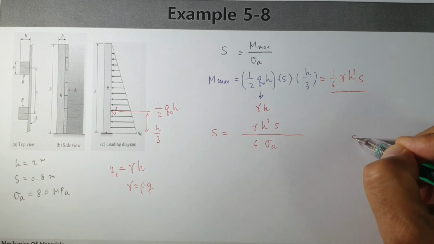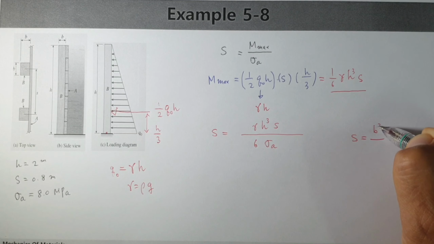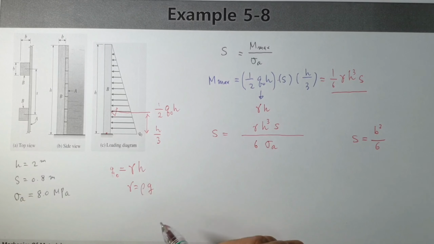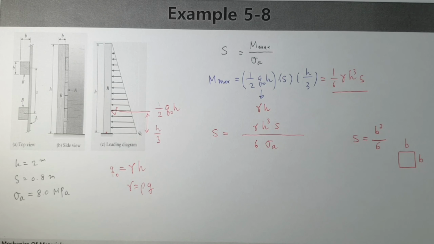In this case, section modulus S equals what? S equals B³ over 6. Let's assume this one is what? Square root, B by B in this case.